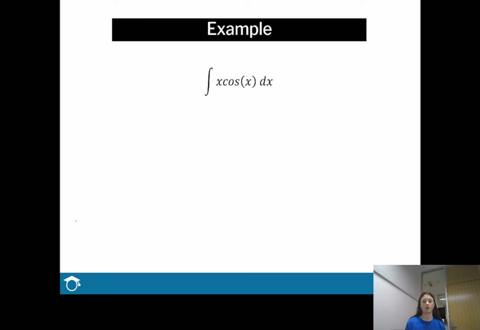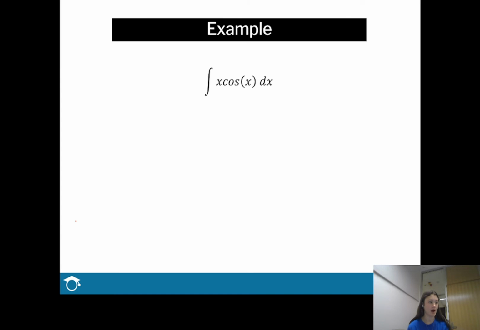So in this case, we're going to let u equal x. The reason is that the derivative of x is 1, which means when we're subbing this into the formula, we won't have a product of two functions, because we're just going to have 1 times something, and that's exactly what we want.